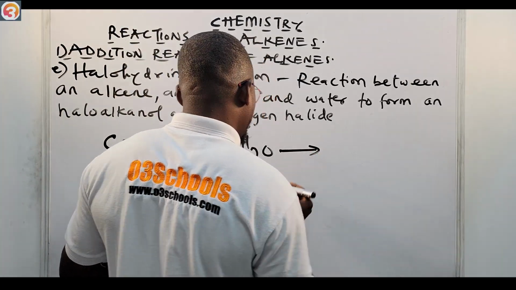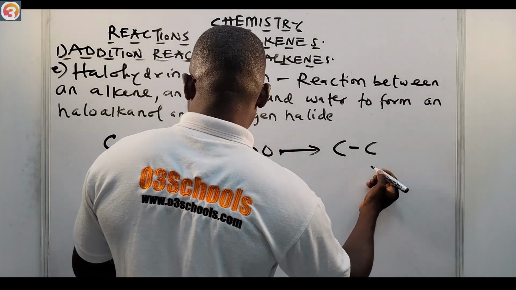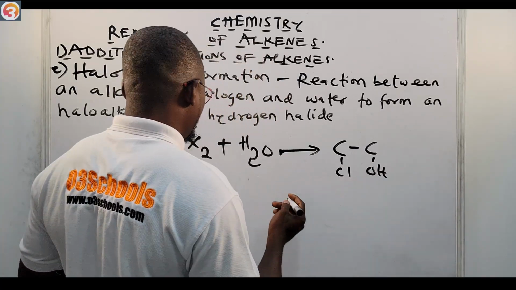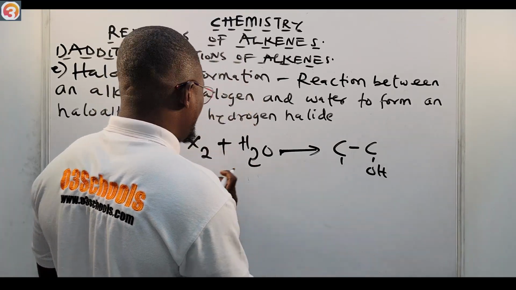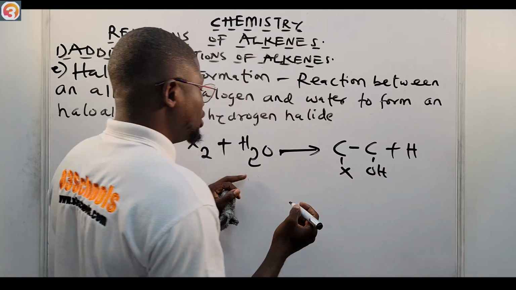So we're going to have a haloalkanol, C single bonded to C, an alkanol here, OH, then here Cl. Sorry, X, because we have not said the halogen should be chlorine. So here will now be X, then plus hydrogen halide.